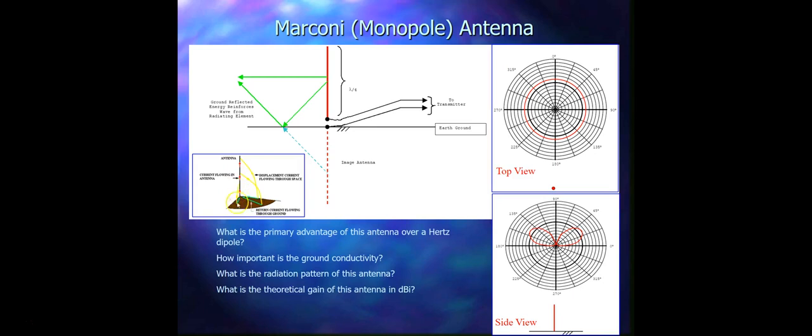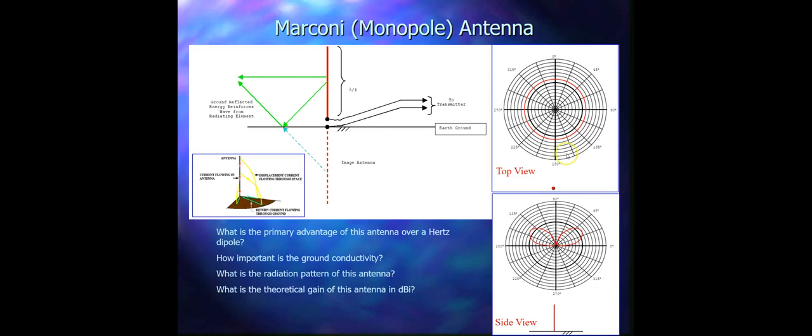Because the ground under a vertical antenna is actually a part of the antenna, the ground losses must be minimized. To minimize the losses, the electrical conductivity of the ground must be made as high as possible, or we can have an artificial low-loss ground that also provides high electrical conductivity.